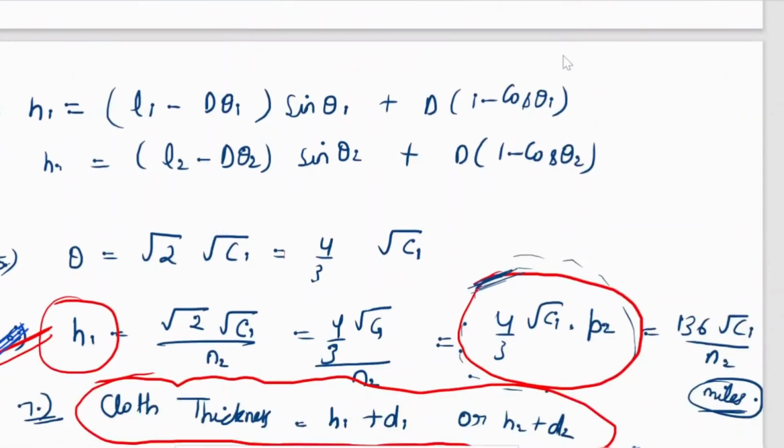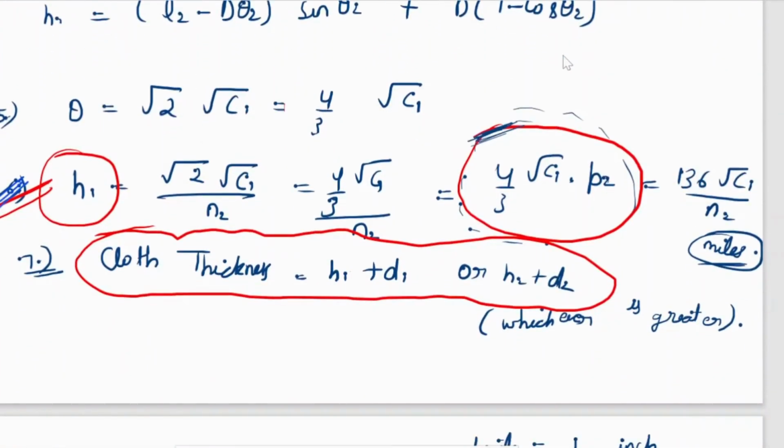Then the next formula says H1. H1 is the crimp amplitude of warp, and H2 is the crimp amplitude of weft. H1 is equal to 4 upon 3 times under root c1 into p2.